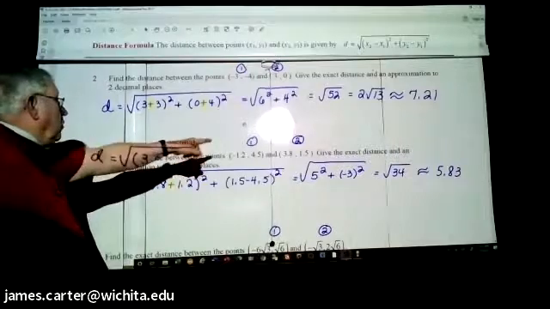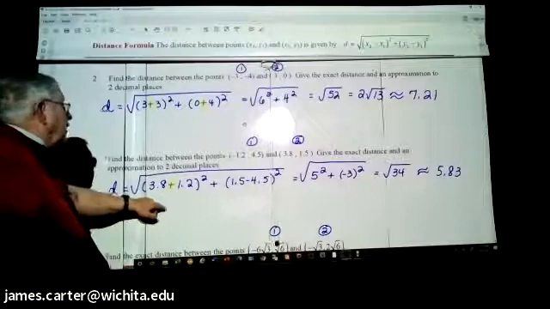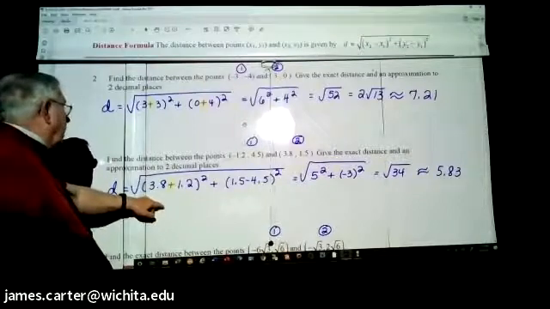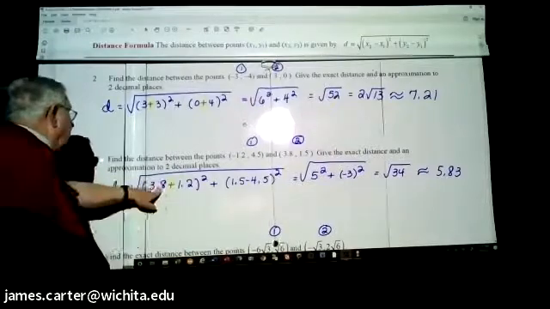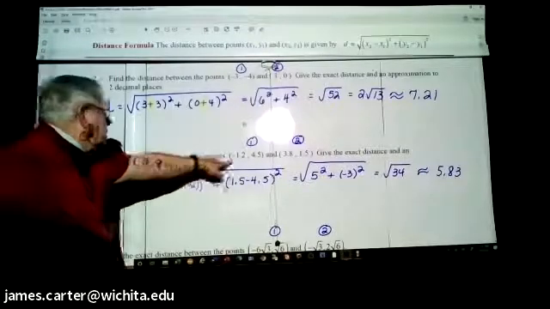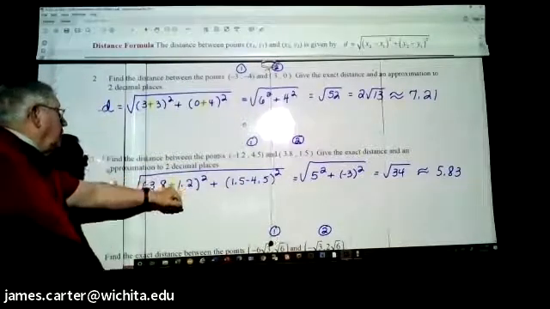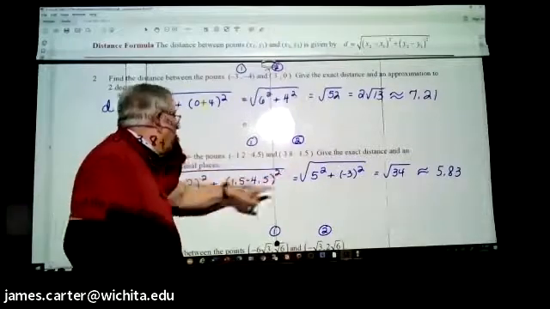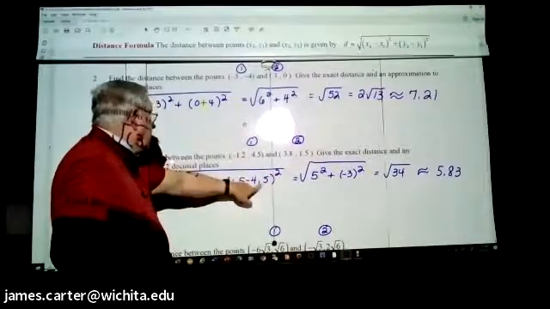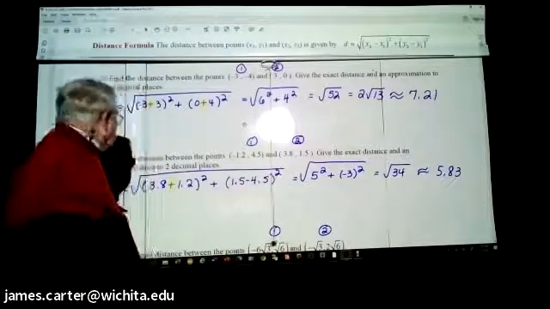So if this is point 1 and that's point 2, then we first look at the x values, and we have 3.8 x value minus a negative 1.2 x value, squared. We have 1.5 y value minus 4.5 y value, quantity squared.